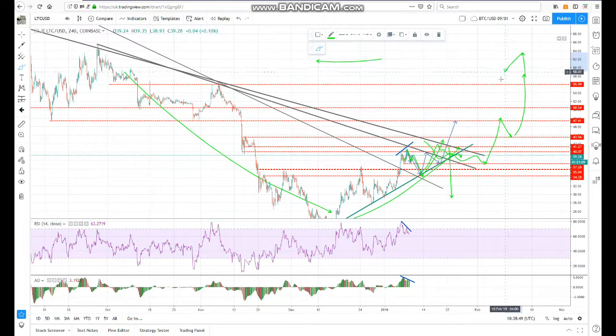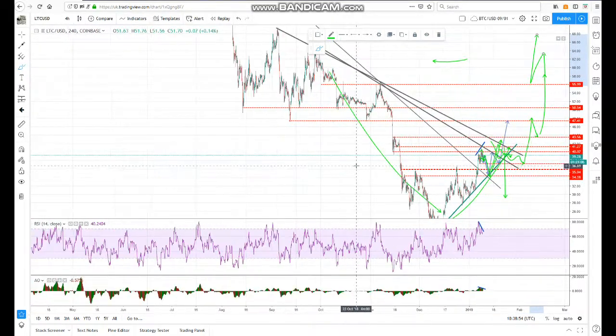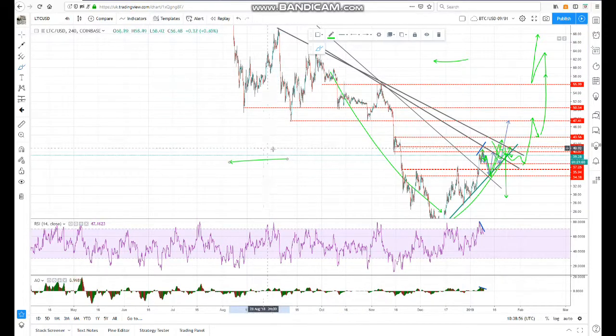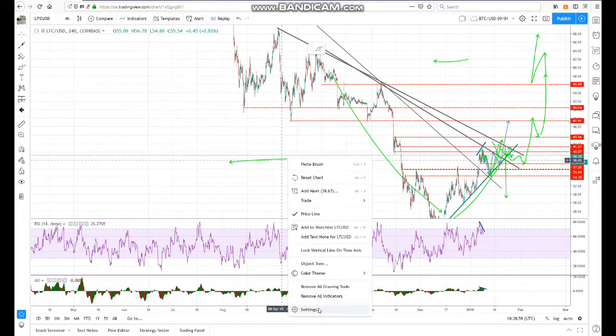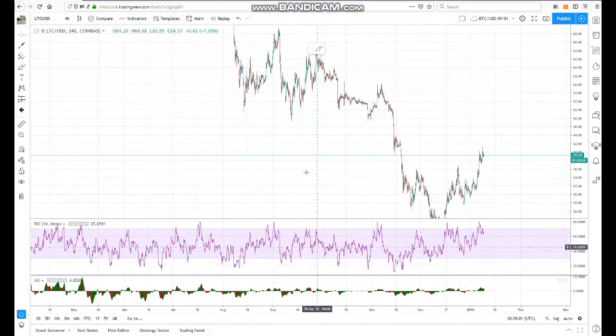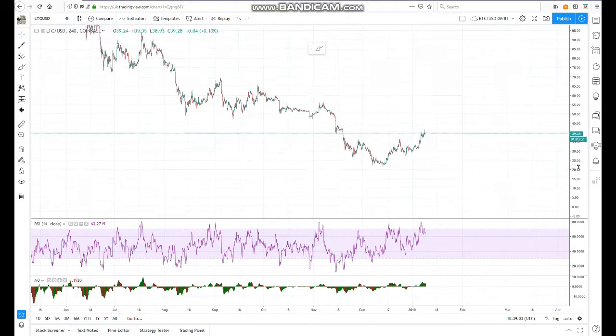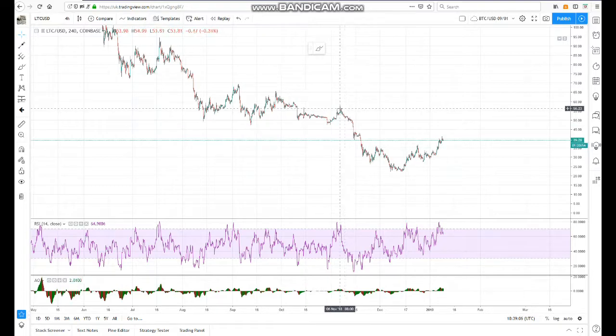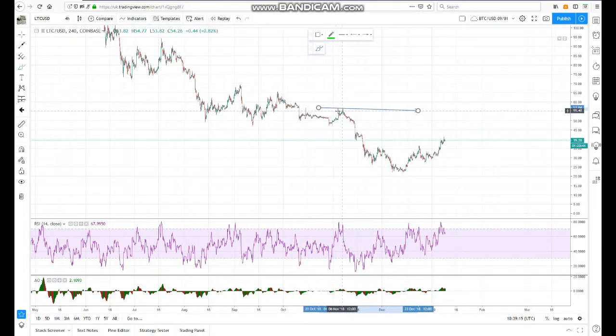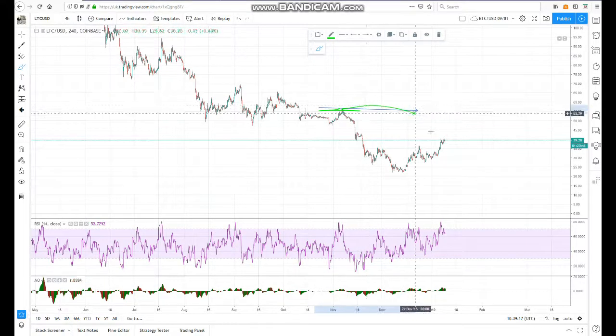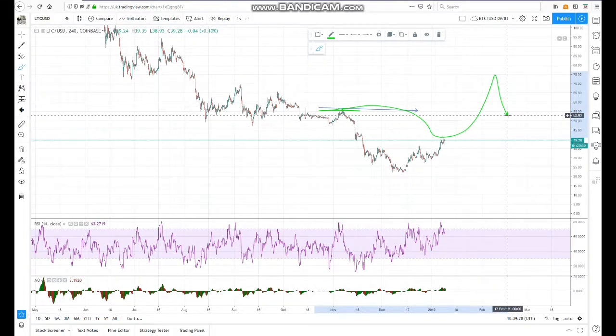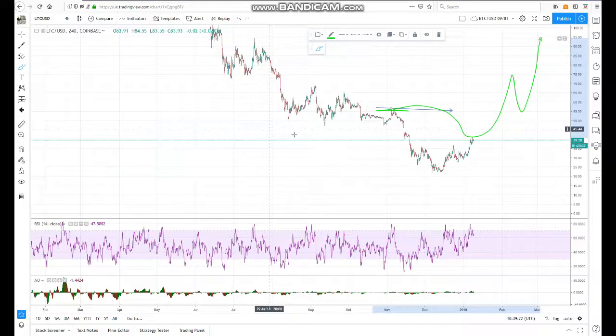Then the price should come back and go higher, and that would already be quite a strong indication that the price is reversing. And then we would have the new higher high. That would really be a strong indication if we would break this top right here.